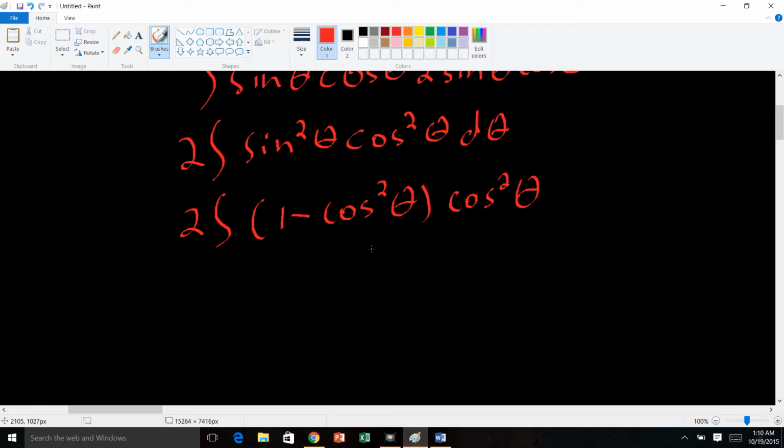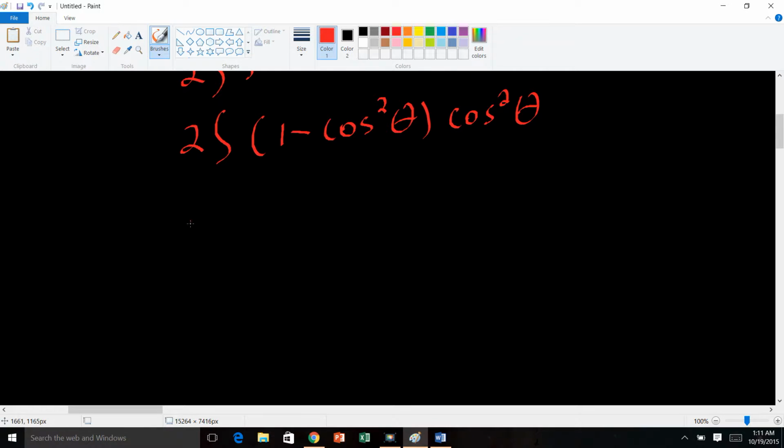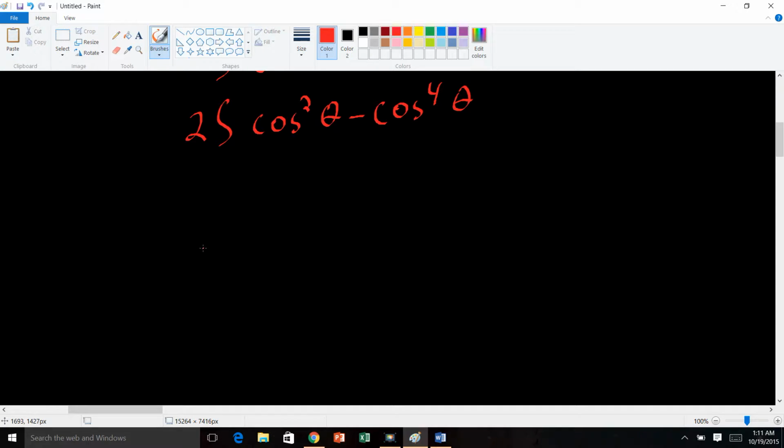And I'm not going to write d theta a million times, but you know it's there. Distributing, we get cosine squared theta minus cosine to the 4th theta. And let's keep going with this.